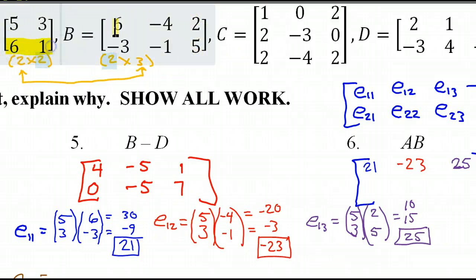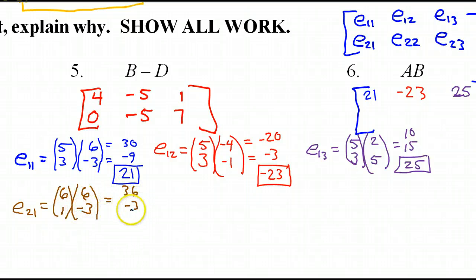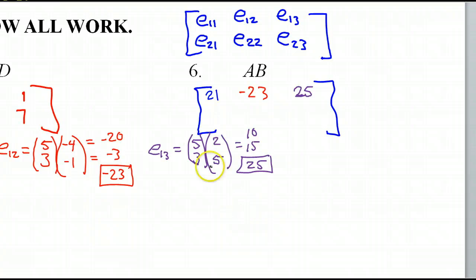Alright, so we're doing these. So that's going to be 6, 1 and 6, negative 3. So that's going to give me 36 and negative 3, which is 33. Okay, so that's the next element, 33.